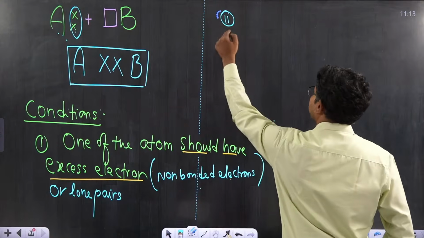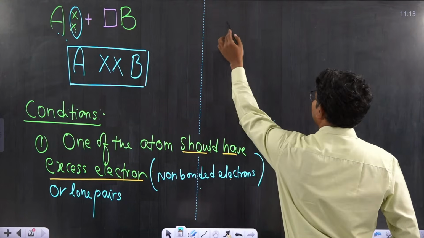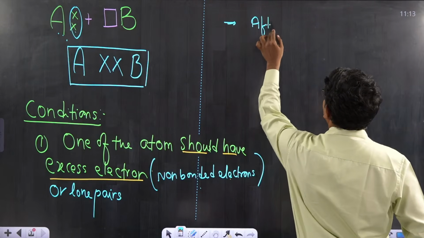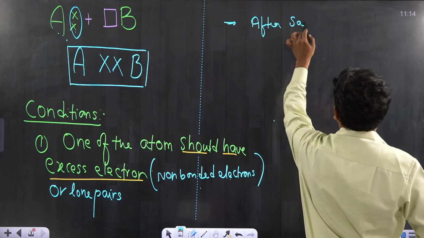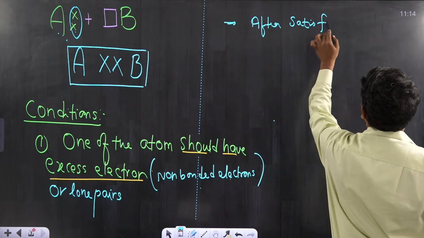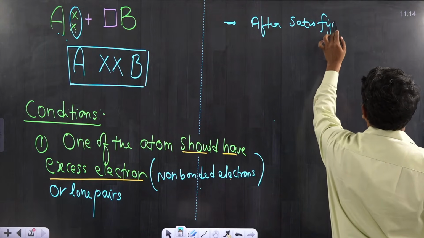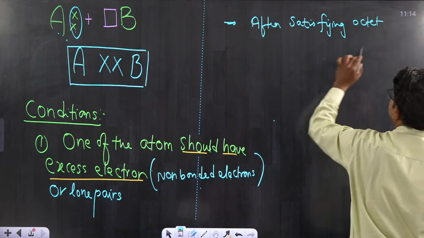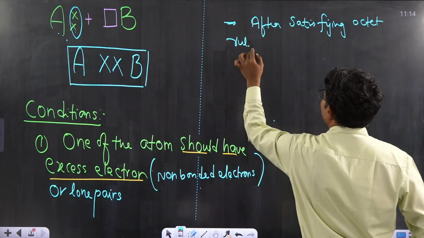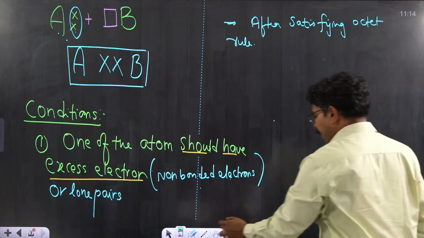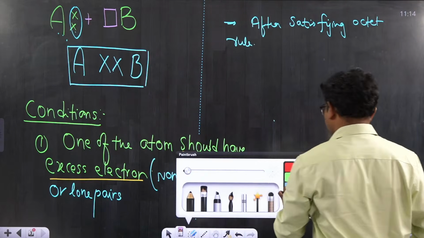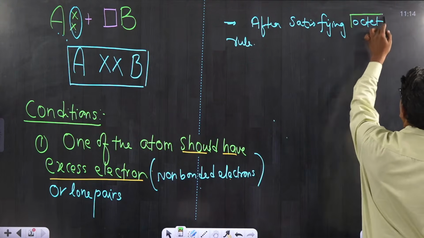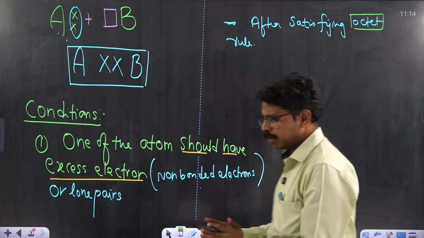Let me write this point also. Excess electrons means after satisfying octet rule. If any atom is trying to provide or donate electrons, it must be satisfied with octet. I'll give some examples.